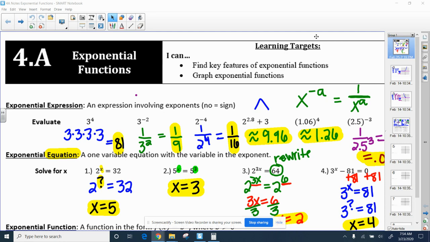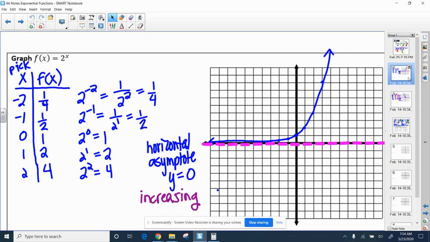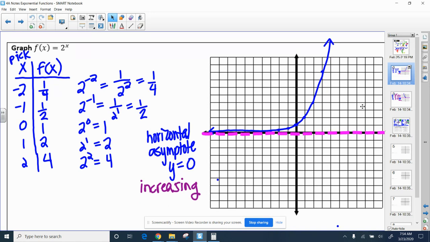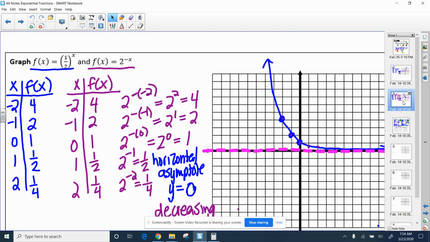We are going to be continuing with 4A today. So where we left off on Friday is that we looked at a couple of graphs. We looked at this graph, which was f of x equals 2 to the x power, and we figured out that that was an increasing function.